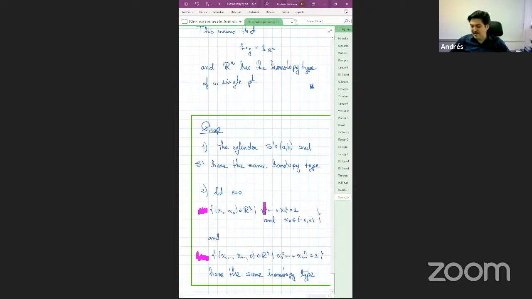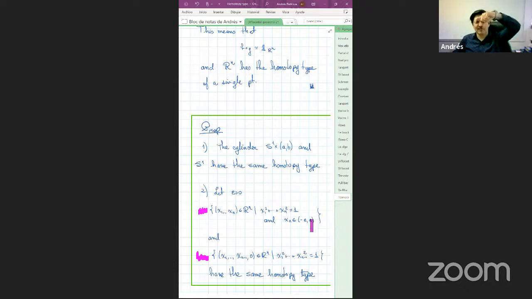So I'm looking at the unit sphere in Rn. So this is S^(n-1). And I've taken this. Do you remember from last class? First, we look at the circle.